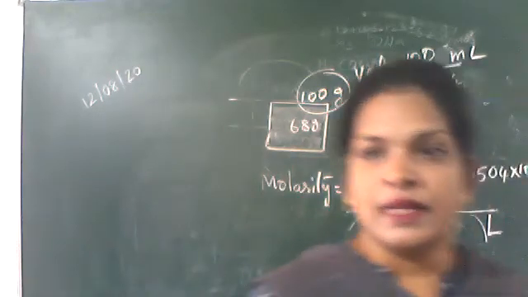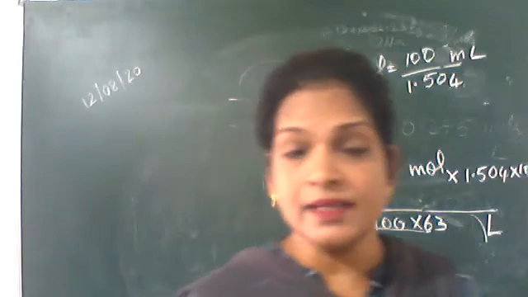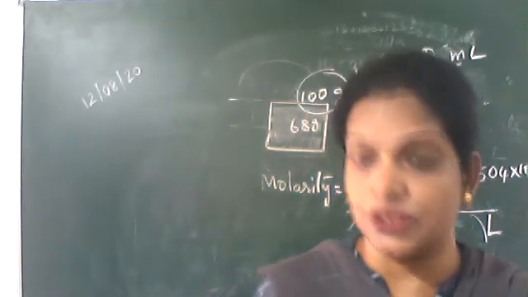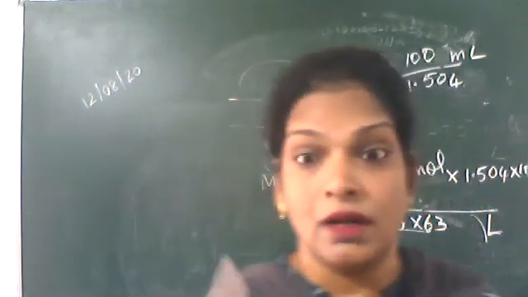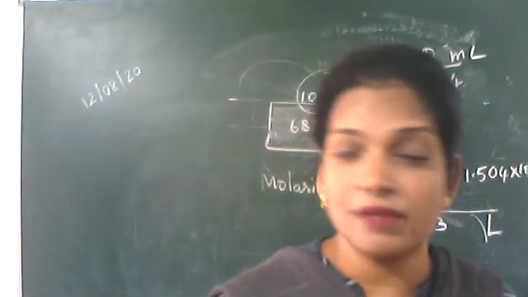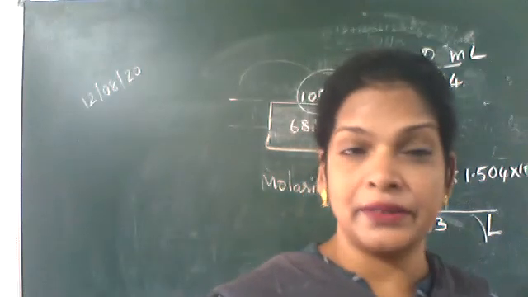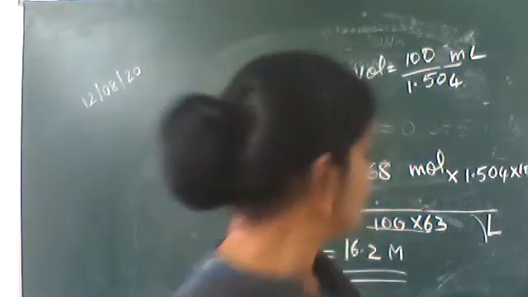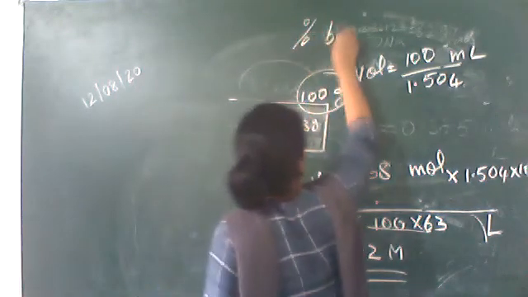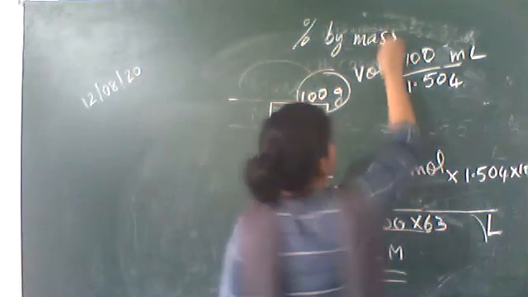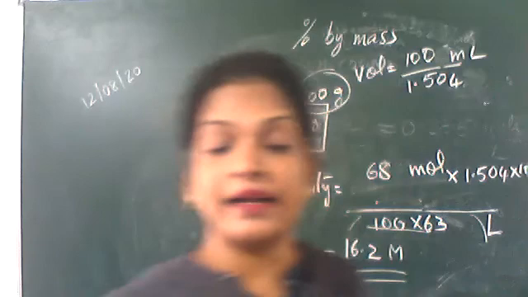All right. Now, I told you, whenever you see percentage, consider 100 gram solution. In a numerical they will not say, children, you should consider 100 gram of solution. They will not say anything. You have to. So write down, whenever you see percentage by mass, consider 100 gram solution.